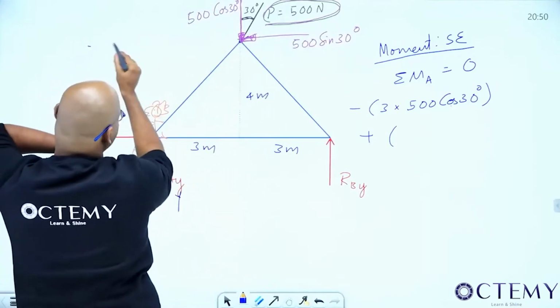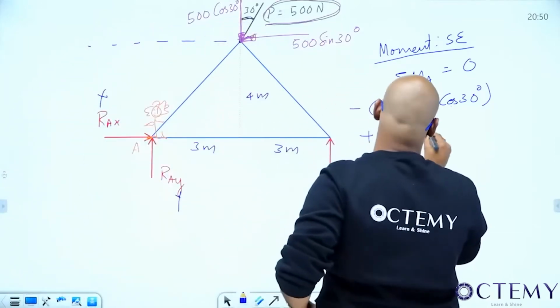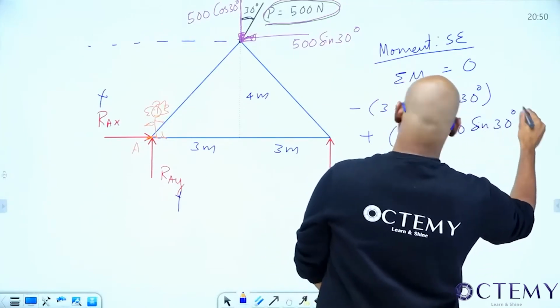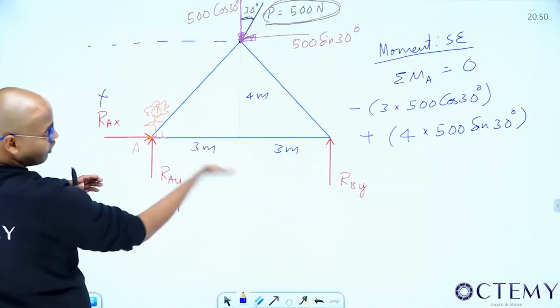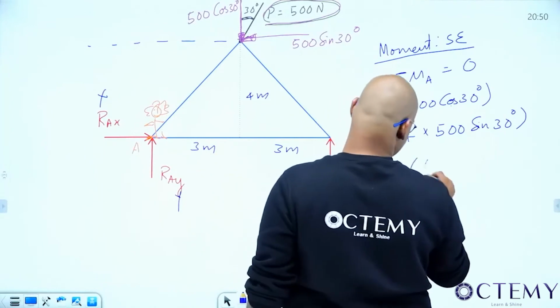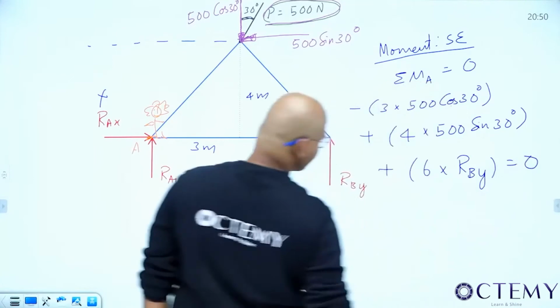So what's the distance? 4 meters. So plus 4 into 500 sin 30. RBY is at a distance of 6. Clockwise or anti-clockwise? Anti-clockwise. So again, plus 6 into RBY is equal to 0. So I have to find RBY.